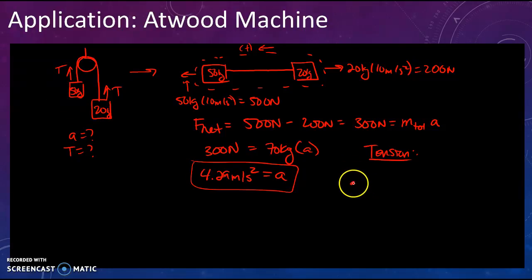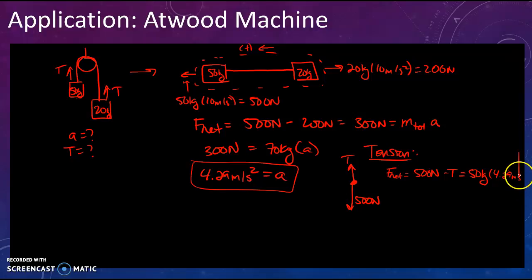Okay, so the 50 kilogram block, as Barry said, it's going to be 500 newtons of weight, and then the tension is pulling up. Okay, once again, I'm going to go back to net force, which in this case is going to be the 500 newtons downward minus tension, equal to 50 kilograms, because remember, I'm only paying attention to this one block here, times its acceleration of 4.29 meters per second squared, which I solved for in the previous part of the problem.